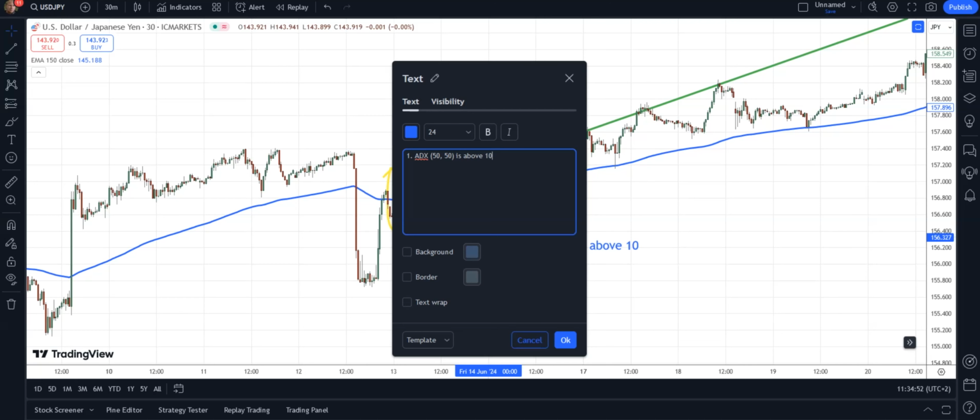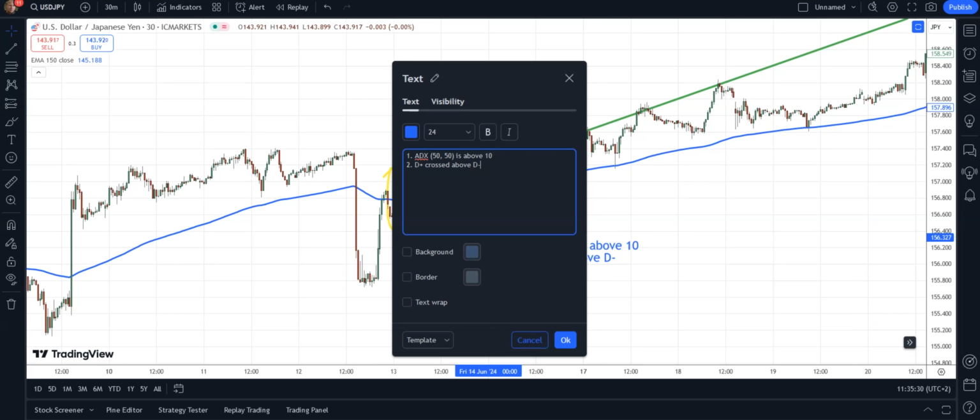It is just our confirmation. And then we have another rule, and it is when the ADX D plus crossed above the D minus line, which I am going to show you in a moment. So it is our second rule, and when this cross happens, then you can open a long trade.